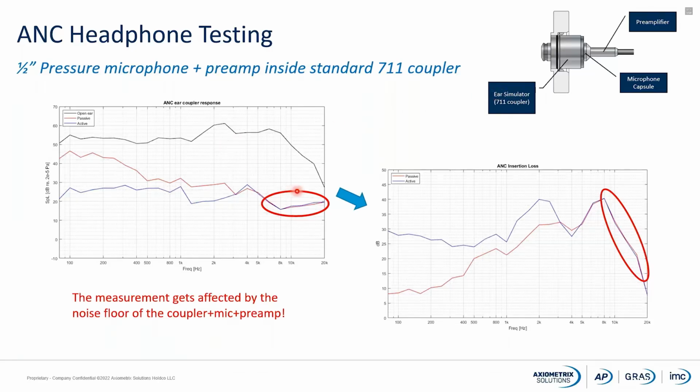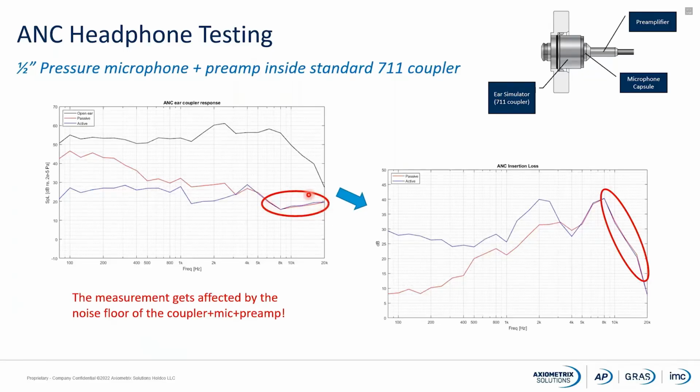If we look at the ANC results down here on the right, we might think that the ANC and the PNC results are giving us the same result above 8 kilohertz, but actually this is not true.